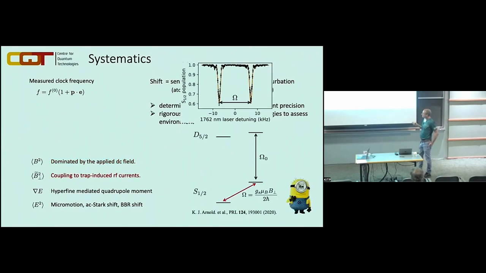For lutetium, and for any clock that has a hyperfine structure, you have to worry about the AC magnetic fields that arise from the fact that the trap is being driven by a voltage. It's basically a capacitor, so you get these currents. Those currents give rise to a shift. In our case, we are sensitive only to the perpendicular component, so we have to measure that. The way that we measure that is with barium.